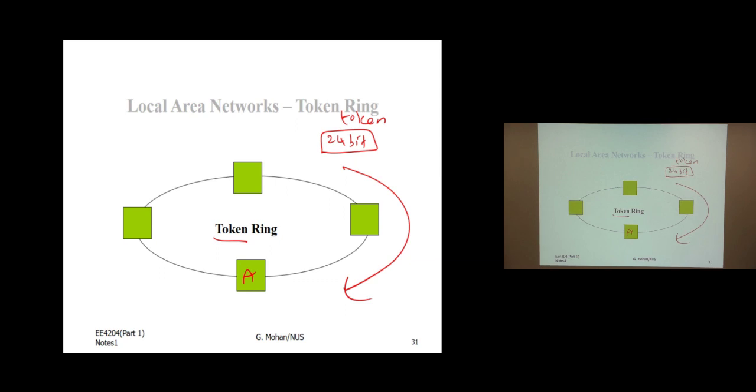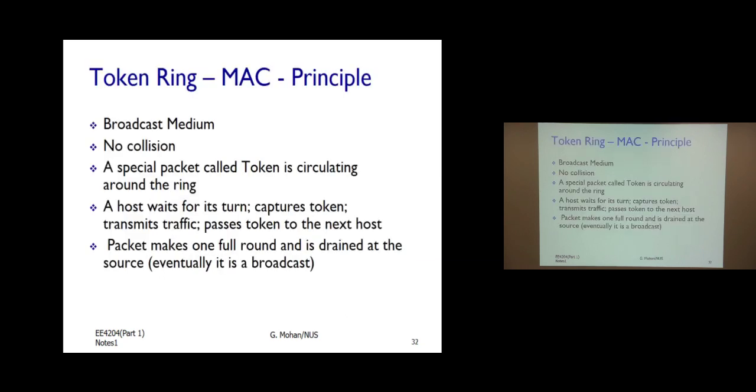Okay, so this is a simple idea, and here the hosts are connected in the form of a ring. That's why it's called token ring. But even though it looks simple, it could not succeed. It could not compete with what is called Ethernet.